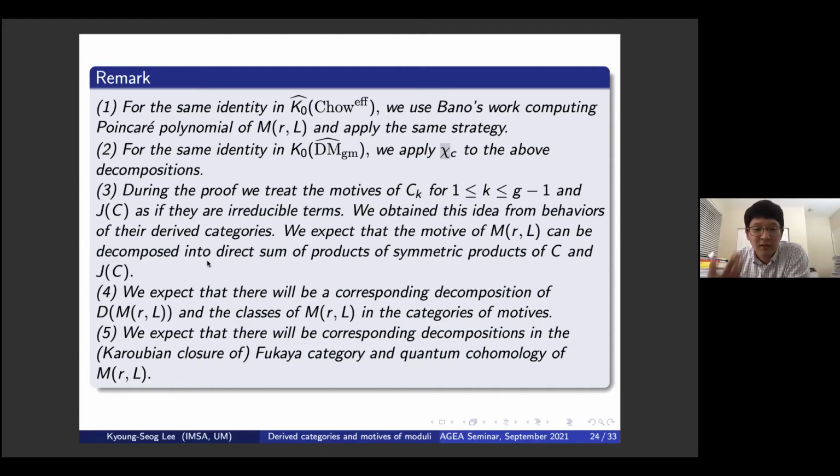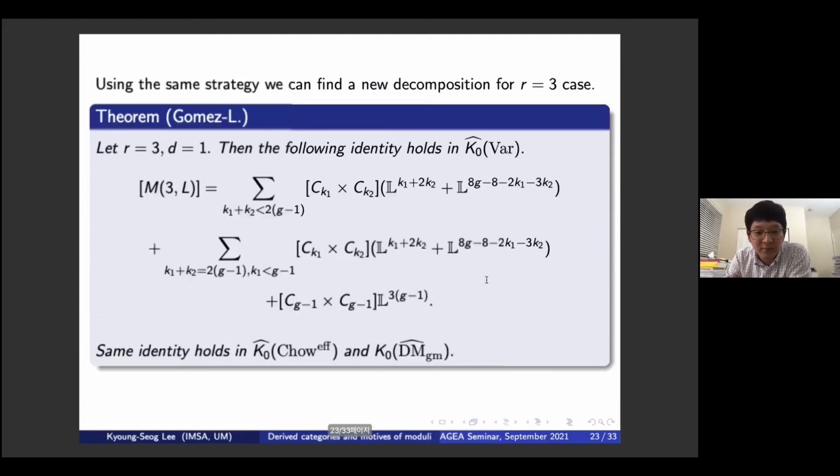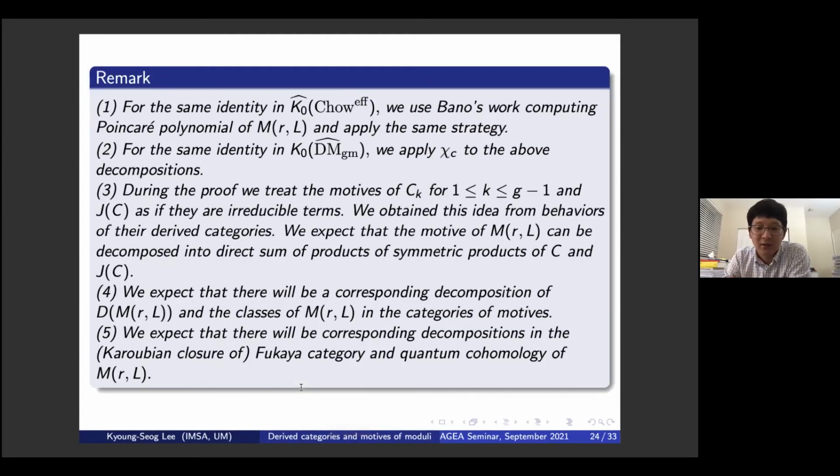We can also conjecture this to hold in certain completions, but we expect it to hold in the Grothendieck ring of varieties, for example, and in the Chow motive and other motives. Also, by mirror symmetry considerations, we expect there might be a similar decomposition in the Fukaya category or the quantum cohomology of this moduli space. Okay, so any question so far?